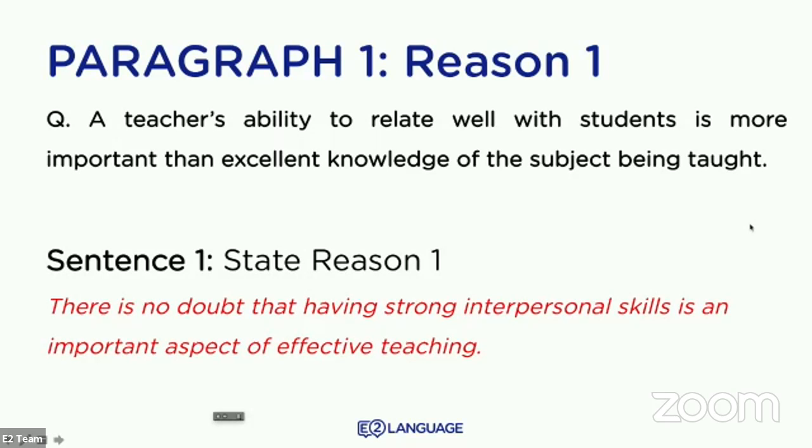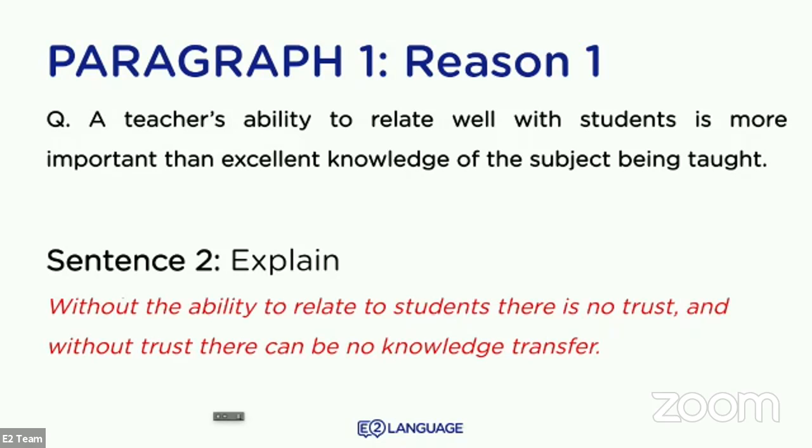State reason 1. There is no doubt that having strong interpersonal skills is an important aspect of effective teaching. Sentence 2, explain that. Without the ability to relate to students, there is no trust. And without trust, there can be no knowledge transfer. Now I need evidence.